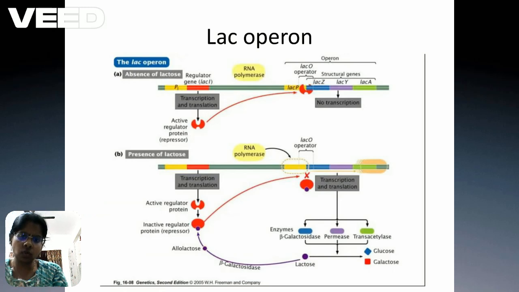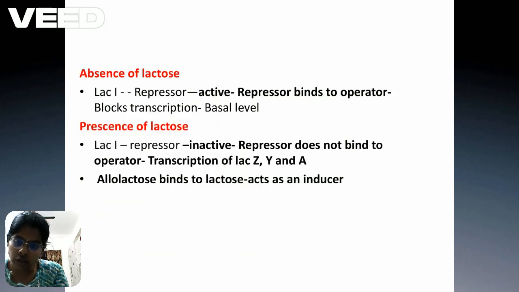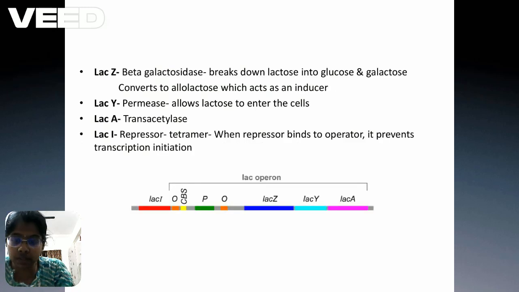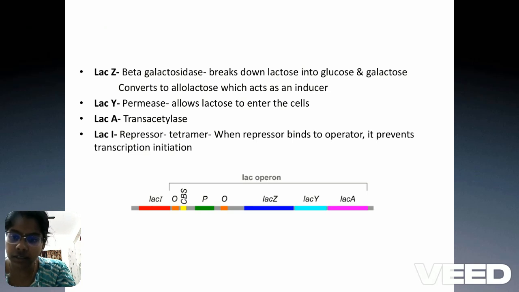Now, consider if there is no permease, how does the E. coli know whether lactose is present or absent if it is not able to enter the cell? Therefore, there is always a basal level of transcription of these enzymes so that some permease is present, some lactose can enter the cell, and it can be sensed by the E. coli. Then the regulatory gene can be on or off, so lac operon can be switched on or off accordingly.